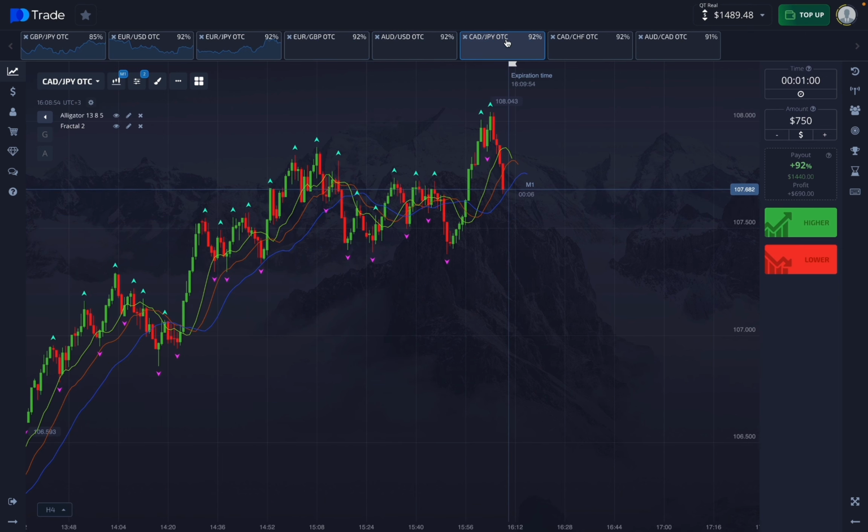Here I see the intersection of moving averages from bottom to top. Then I see an update of the local minimum.